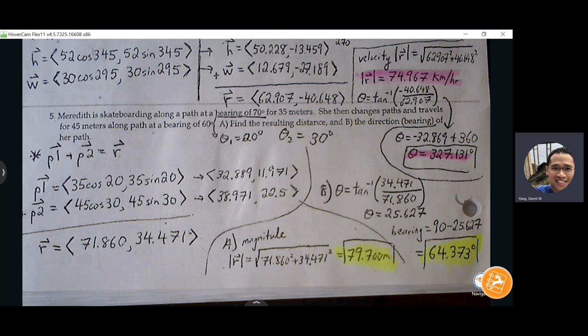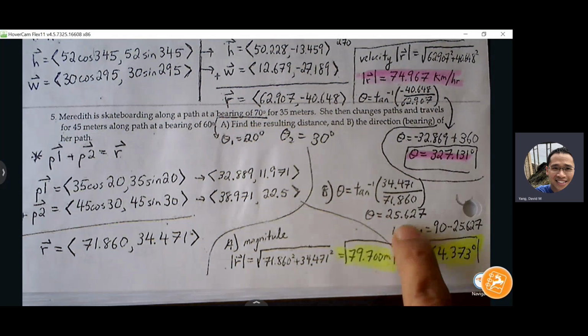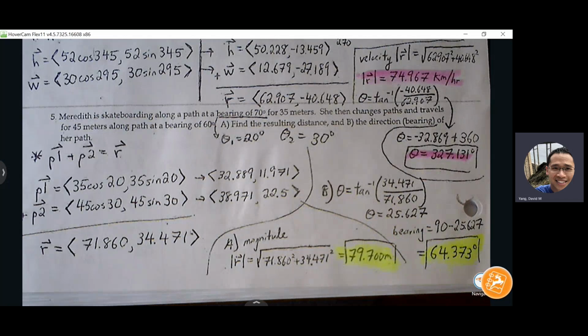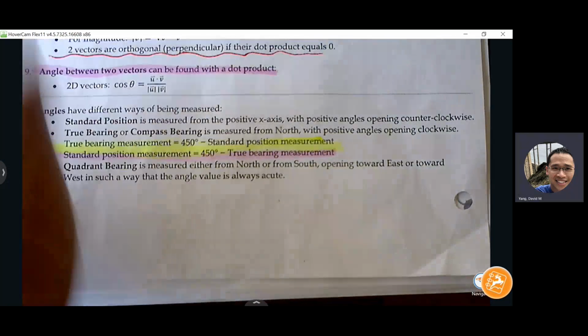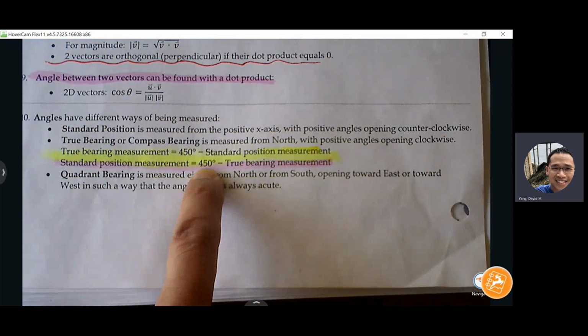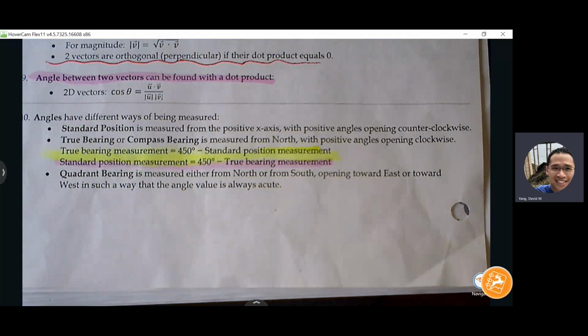But it's asking for bearing. So bearing is basically measured from 90 degrees. So you can either do 90 minus that degree measure, or you could do this. You can also play with 450, and that's the same process. So to get from bearing to standard position, or from standard position to bearing, you can just involve 450.